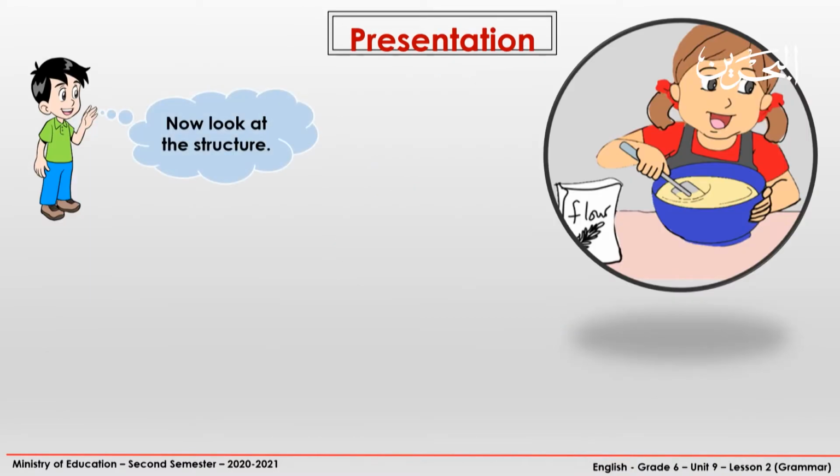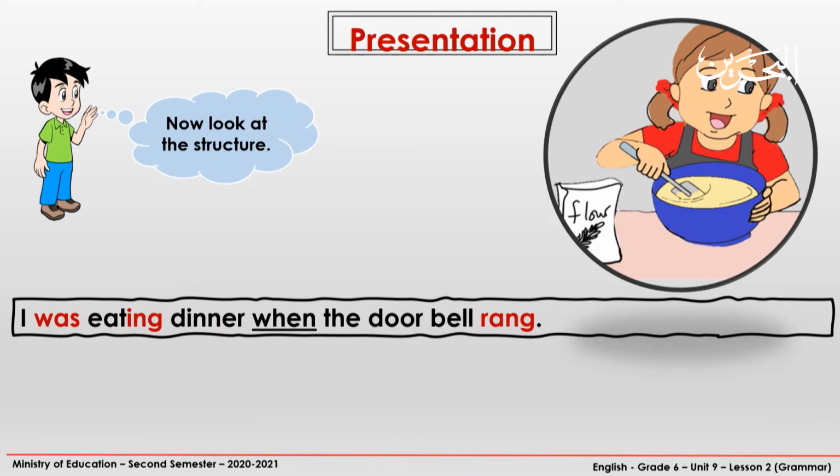Now look at the structure. I was eating dinner when the doorbell rang. Now, if I want you to move when to the beginning, what are you going to do? Try to do it. Come on. Take your pencil and write down. Let's check the answers.